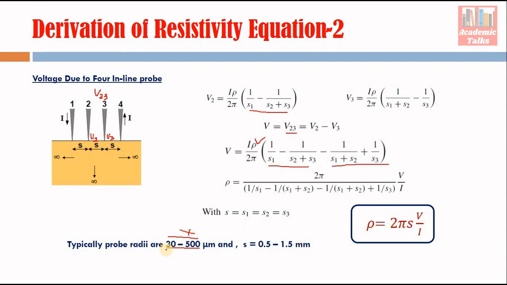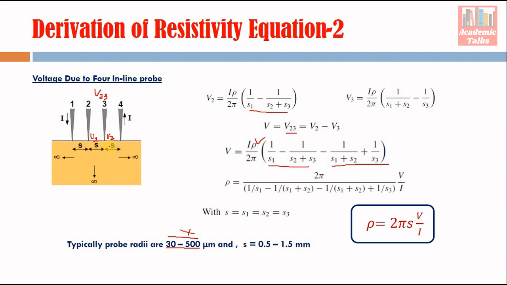So normally we don't bother so much about this, and these dimensions are actually optimized for a given system and for a range of resistance or range of resistivity which we want to measure. So they may vary from sample to sample or from system to system, but normally we don't use them in the equation.